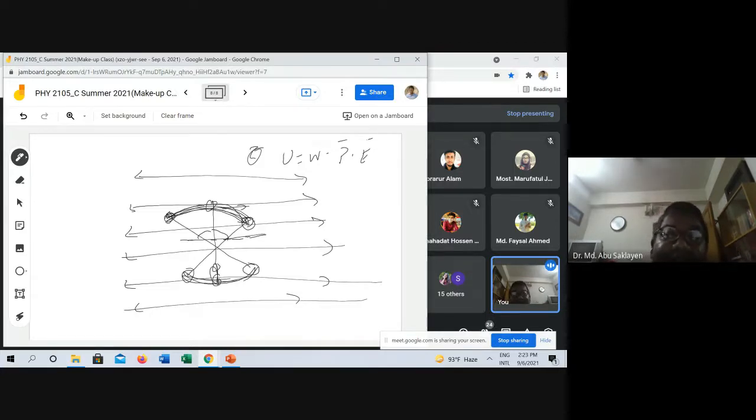So you will get the work done, and this work done in most cases is expressed as heat.